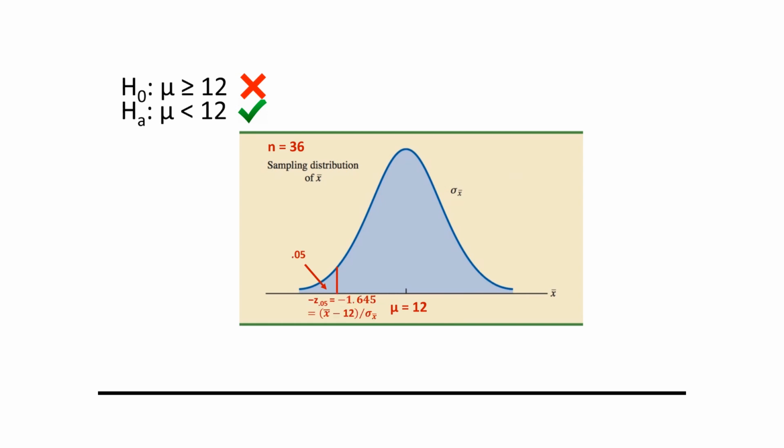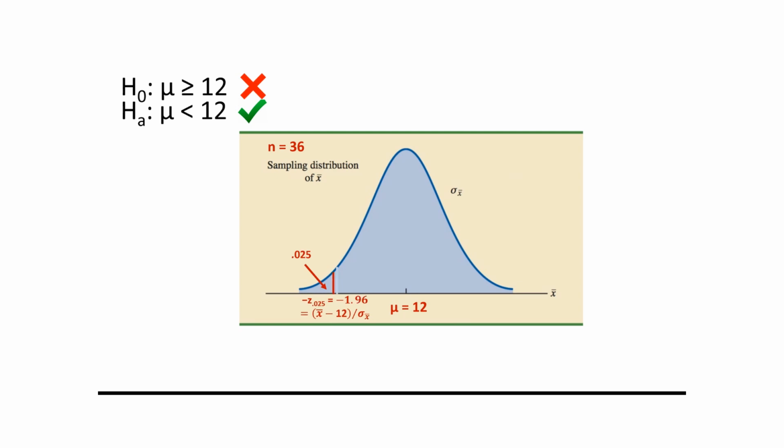If we choose the level of significance to be 0.05, X bar values 1.645 standard error below mu equal 12 will be considered low enough to cast doubt on our null hypothesis and give support to our alternative one.